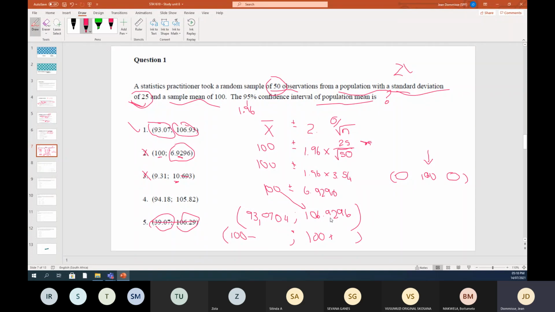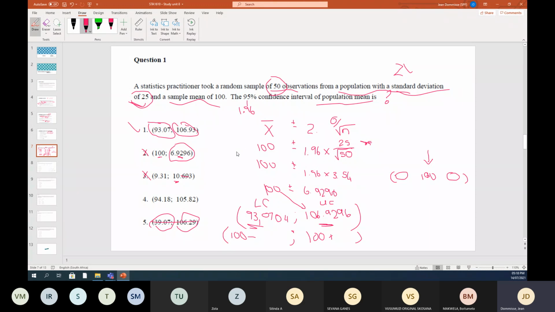That is always the order: your lower confidence limit will be your smallest number and your upper confidence limit will be your biggest number. Even when we work with proportions, it will be like that. The other thing is that you also can't get something that's negative. You will never have an answer that's negative.